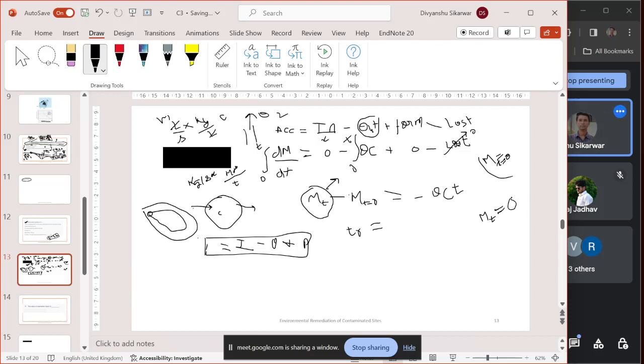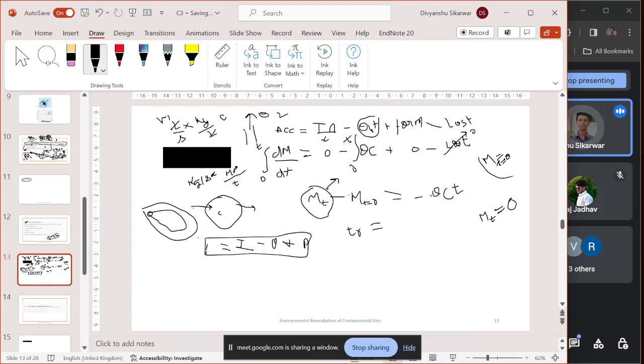It will be 0, because I am assuming that at time T there is complete remediation, so no mass of that particular contaminant is left in groundwater. So M T will be 0, right?